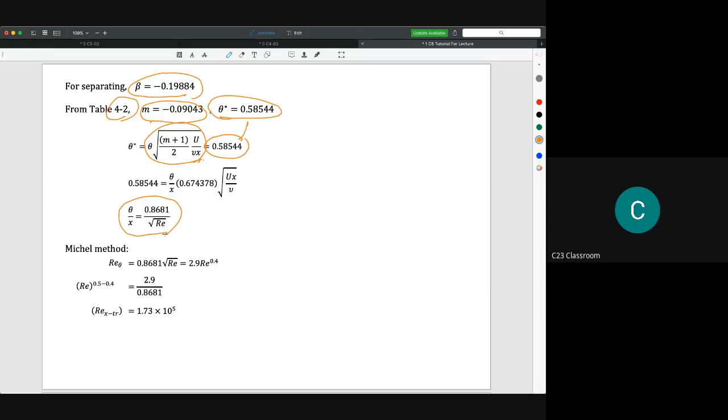Then when we compare with the Michel method, from here we could get this term. So how to get this term? We have Re_theta is equal to u theta over nu. I hope you remember this one. I wrote this equation on the first page of this tutorial. Then we calculate this one, and we could get the Reynolds transition is 1.73 times 10 to the power of 5.